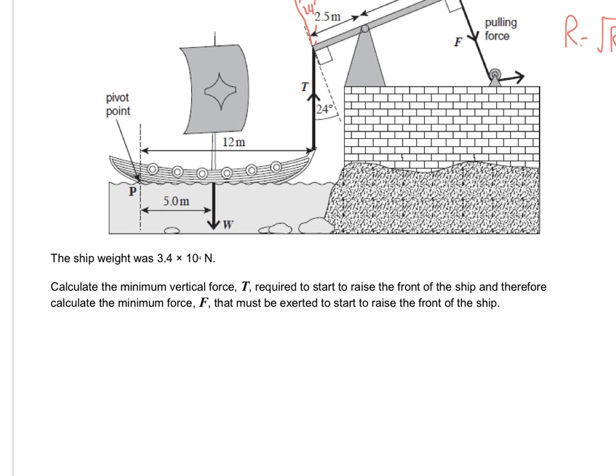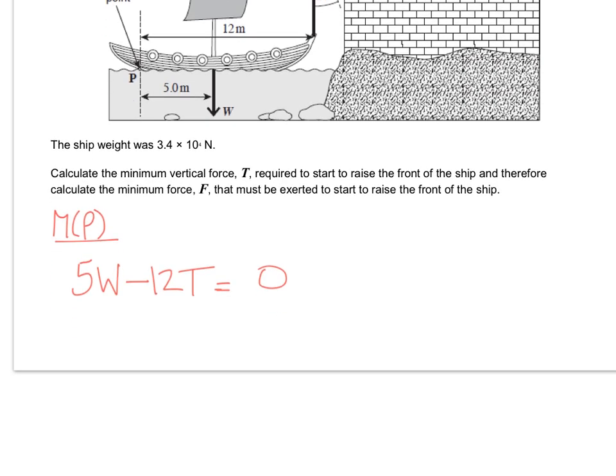So to start off with, what we need to do is work out the value of tension that we need to cause this ship to rotate. So we're going to do that by taking moments about P. In terms of going clockwise, we've got 5W. Anti-clockwise, we have 12T. And if it's about to start rotating, those are going to be equal, so then anything greater would cause it to rotate.